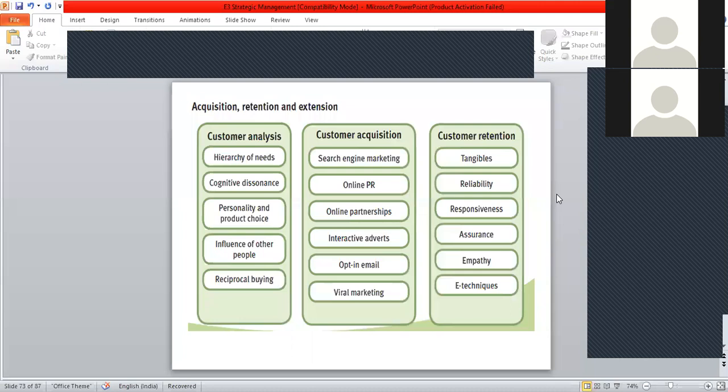There must be some database which can provide the demand details of the products and the requirements of customers. Demographically, they can understand what their requirements are. Seasonally, what the products are. These are various things which they can understand about the needs of the customer. So hierarchy of needs is first analyzed. Then cognitive dissonance.